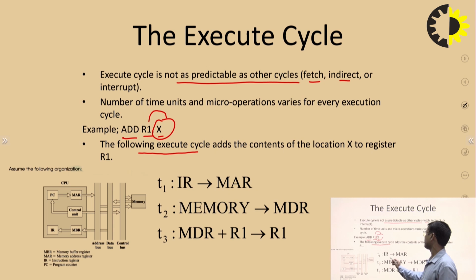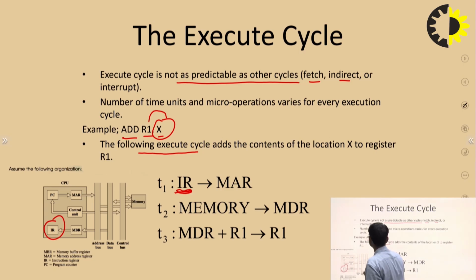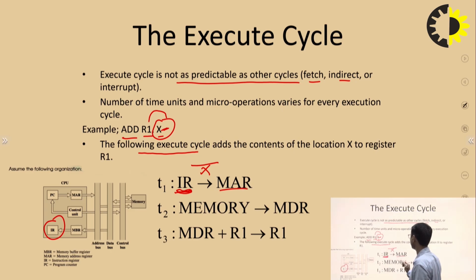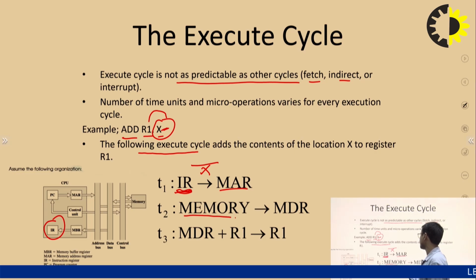So what will happen? First, the IR, the instruction register, has the location X. The X will be transferred to the MAR. Now the memory knows from which location we have to bring the data. So the data from location X is copied to the MDR.